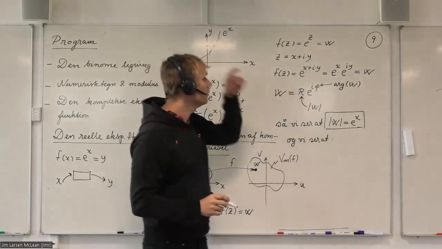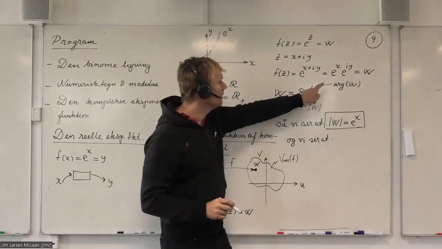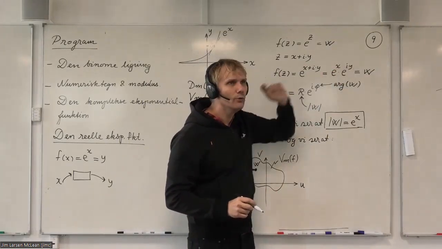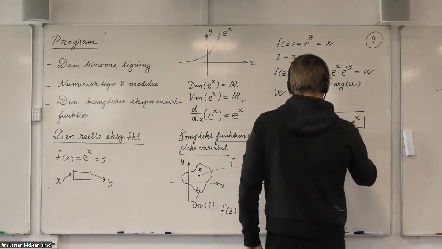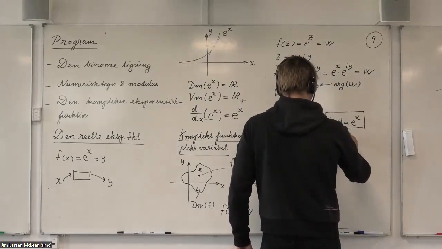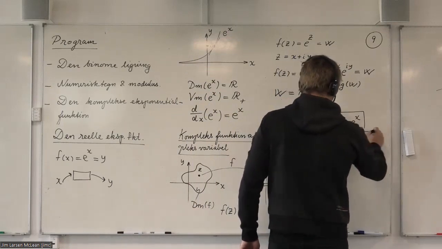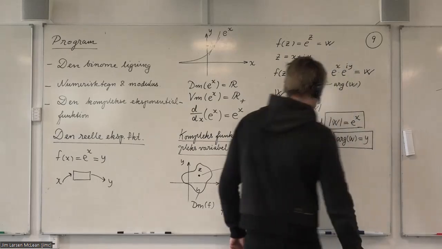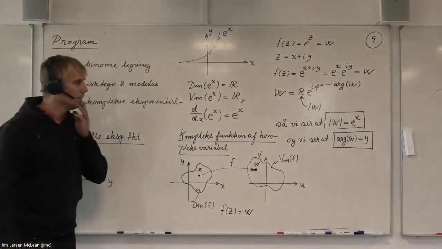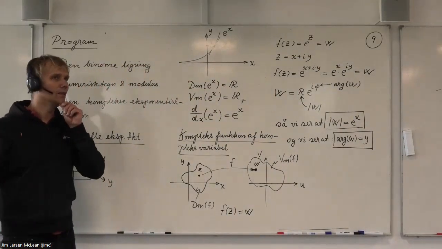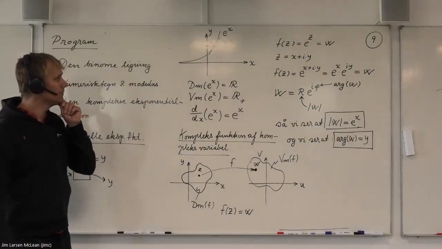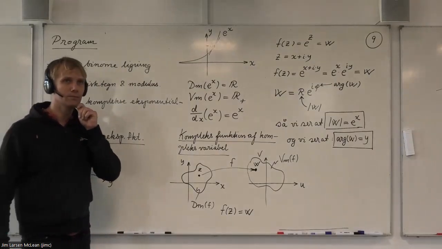And the argument, that's what comes after the i. And what comes after the i here? That would be y. So we see that the argument comes after the i as well. This corresponds to y, and that's important, so we'll put a box around it. And now we're ready to calculate an example using the complex exponential function.